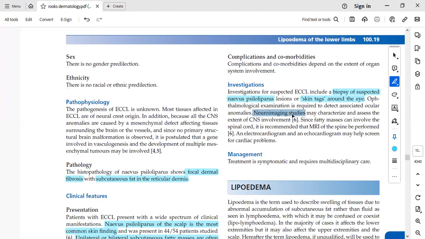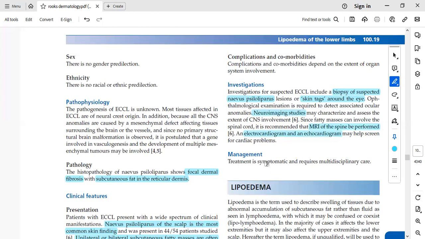Since the fatty masses can involve the spinal cord, it is recommended that MRI of the spine should be performed. And ECG and echocardiogram for cardiac problems. The management is multidisciplinary care.